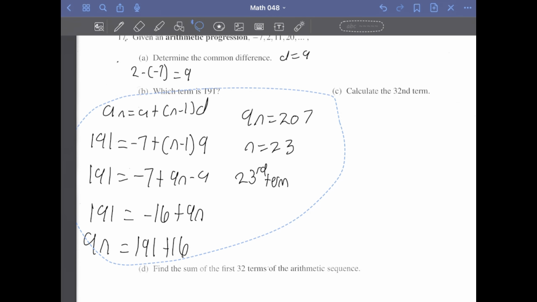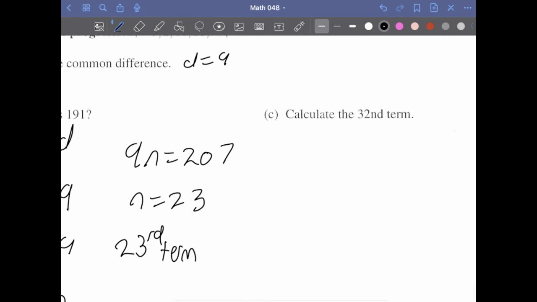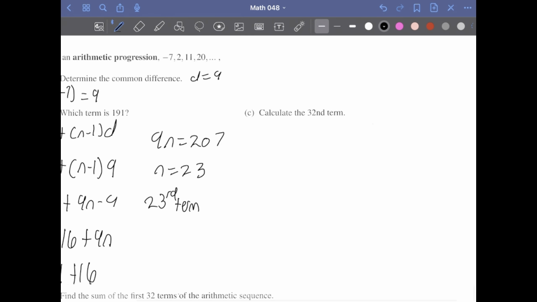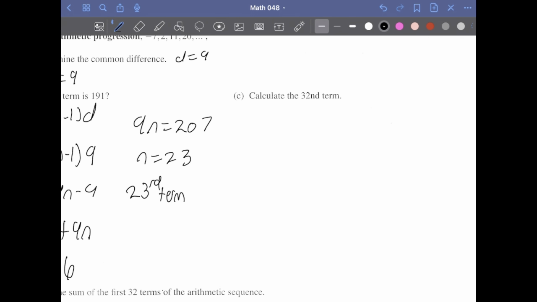Move this over. So calculate the 32nd term. So similar, we're looking for A32, right? So again, first term is negative 7 plus, they say 32nd term, minus 1 times 9. We're going to substitute.